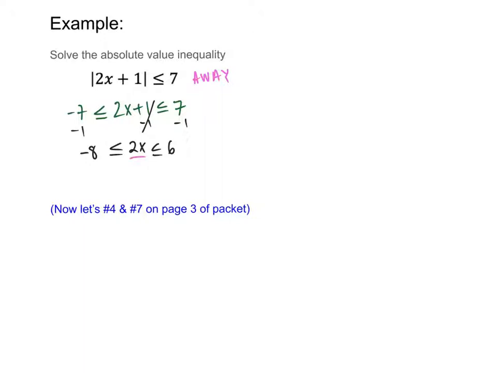If I divide by 2, 6 divided by 2 gives me 3. Negative 8 divided by 2 gives me negative 4. And so then x here is between negative 4 and 3. And you would leave your answer like this because it's just asking you to solve.